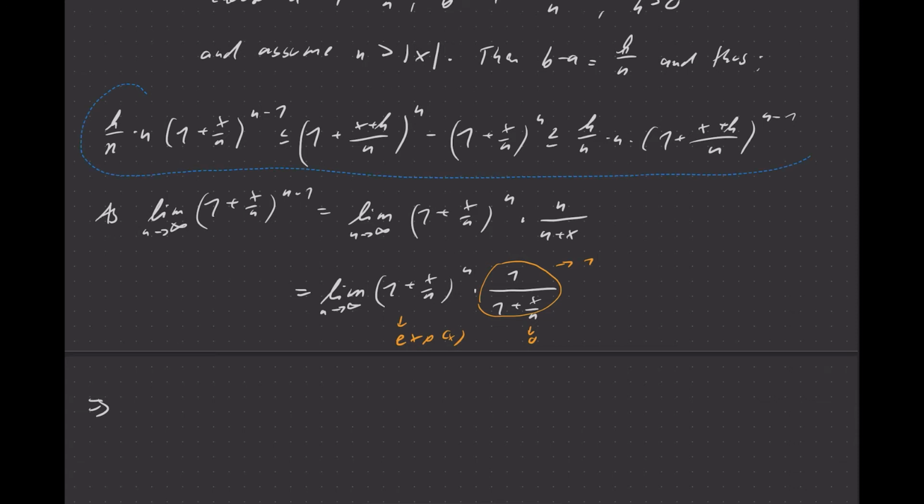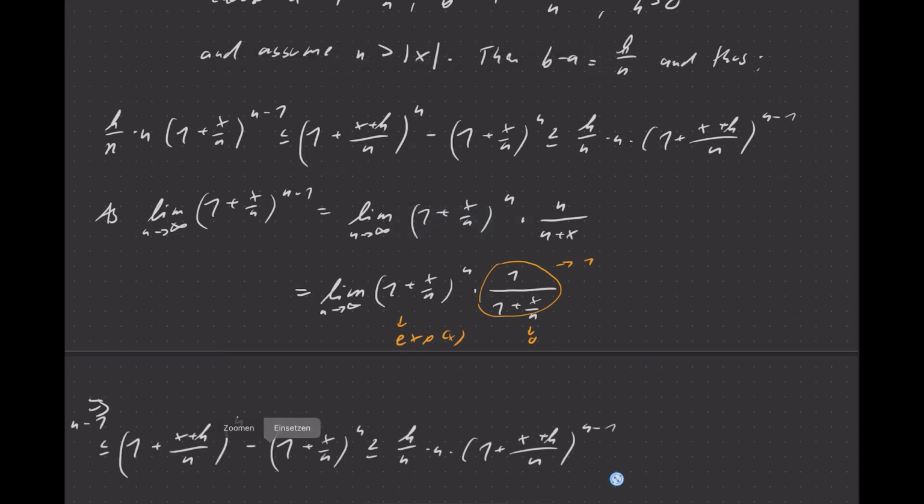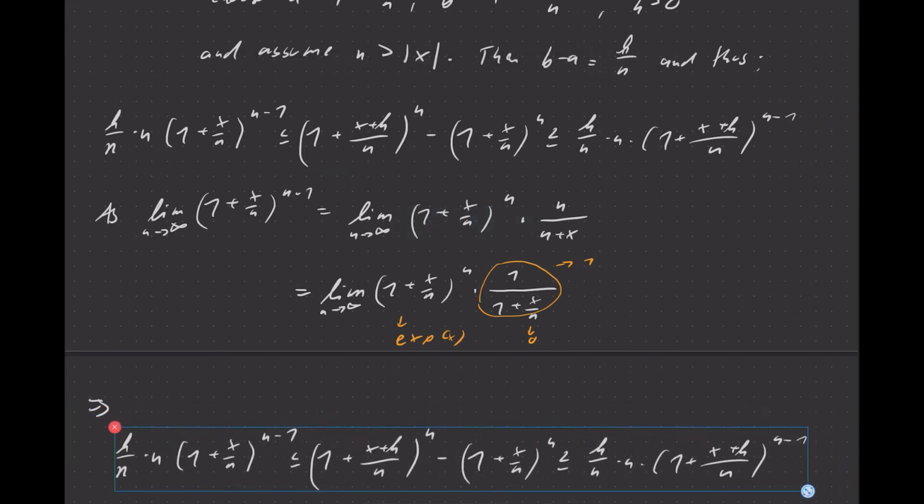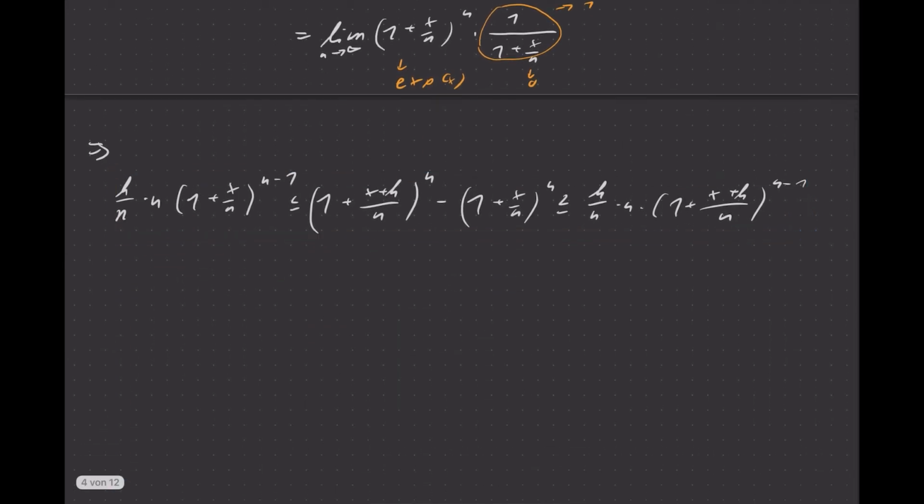Let's copy that first so we can have a look at the inequalities separately. So here's our chain of inequalities once again. And what we can do now is, if n goes to infinity, then of course, first thing to notice, the n here cancels out, and the n here cancels out as well. So those don't matter.